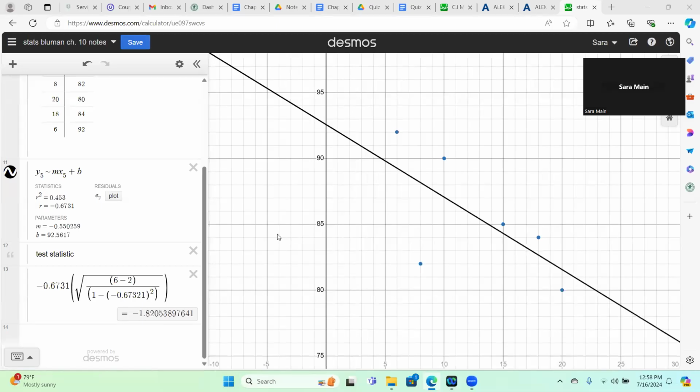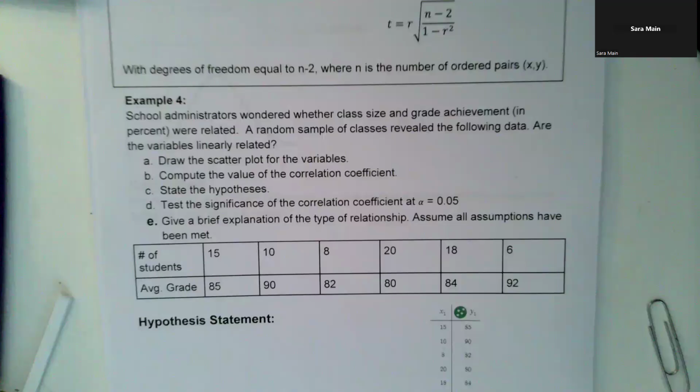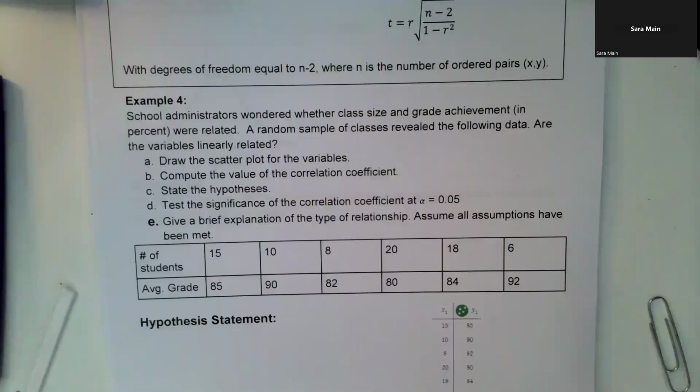Okay, so now that you have verified my numbers there, we are going to see how we can prove this hypothesis statement. So let's go back to our paper. And we are going to now state the hypothesis.